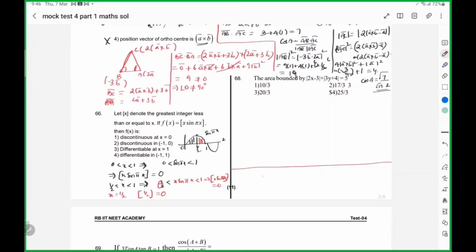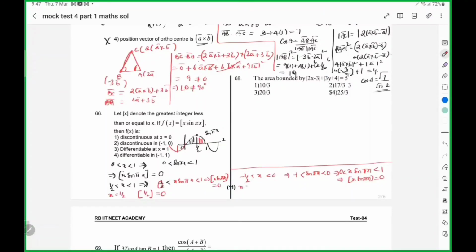So then here you have the right side. Let us calculate the left side also, minus half to 0. So the graph will be like this. Sine pi x will be between -1 and 0. X is negative, sine pi x negative, so the product is positive. So the step of x sine pi x is again 0.